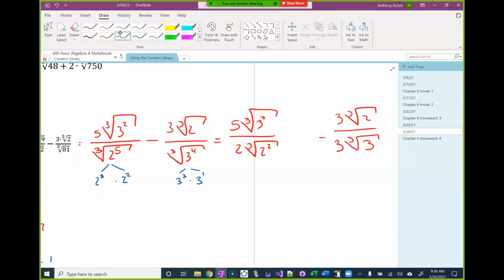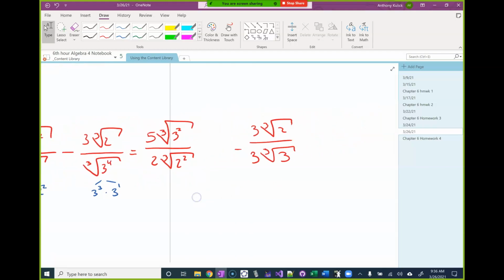Now I need to rationalize my denominators here. So I have cube root of 2 squared. To get rid of that, I need one more 2, so I'll multiply the top and bottom by cube root 2. And in the next fraction, I have cube root of 3, so I need to get 3 3's in there, so I need 2 more 3's, so I'll multiply the top and bottom by cube root 3 squared.